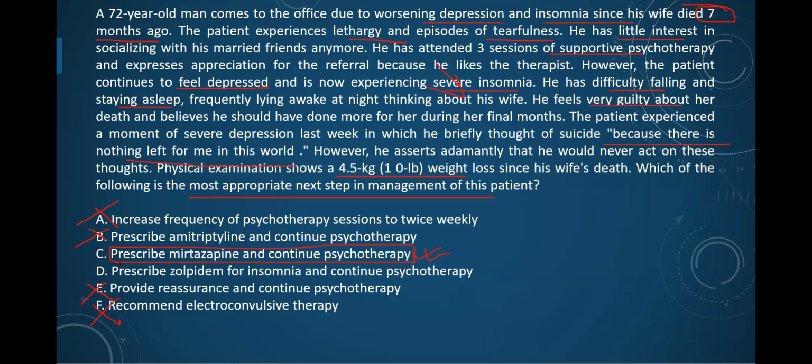Now, when changing antidepressant medication for a depression patient, you cannot stop suddenly and then start a new medication again. There will be a washout period in which the patient should not take any antidepressant.